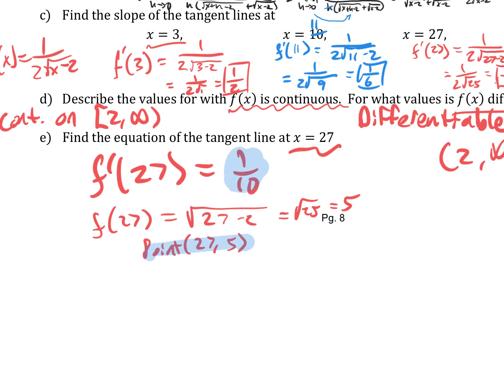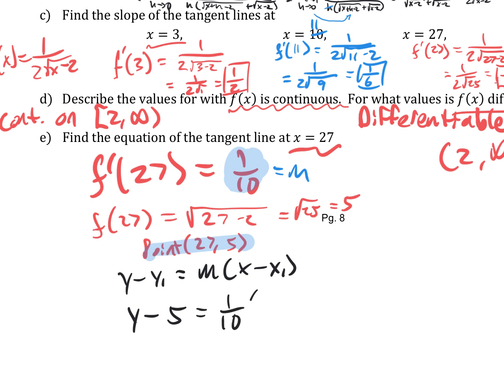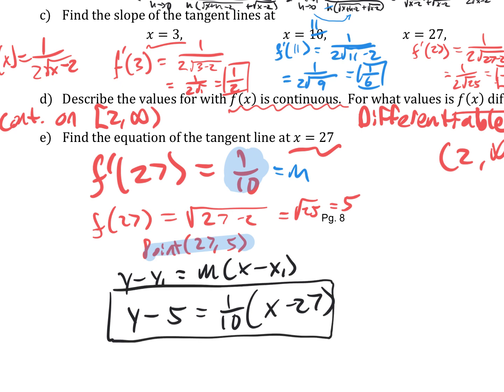So we have a point and we have a slope. We can use the point-slope formula. Remember what that is? y minus y1 equals m times x minus x1. So our equation is y minus 5 equals 1/10 times x minus 27. If we wanted to put that into slope-intercept form, we could.